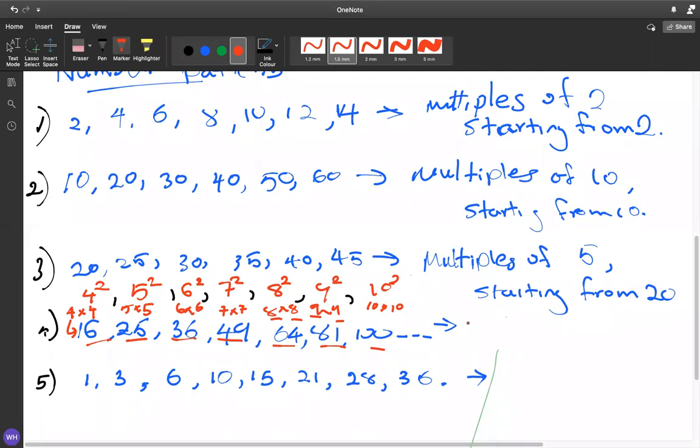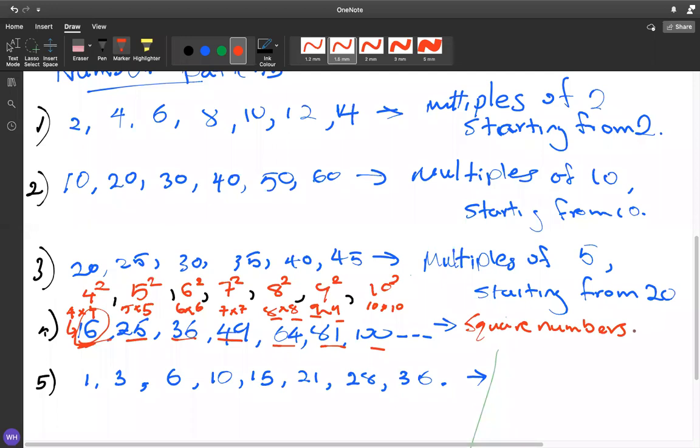Can remember, sir. Yes. So all these numbers are what numbers? Square numbers. Remember. From where did we start? Starting from 16. Yes, square numbers.